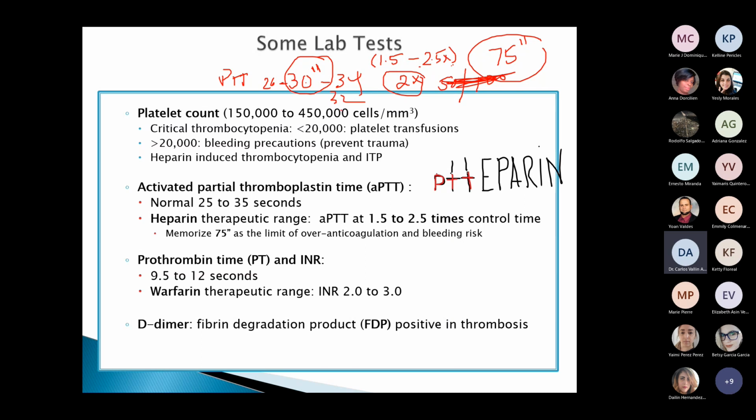So for test purposes, consider around 75 the upper limit of the safety of a person receiving heparin. If you see that this amount of seconds is beyond 80 seconds, the patient is receiving too much dose of heparin, and the risk is they can bleed.